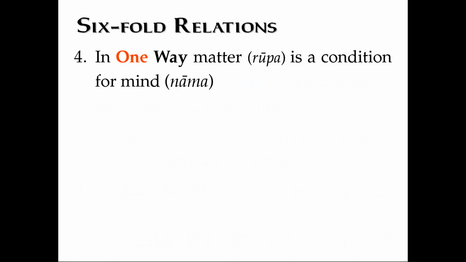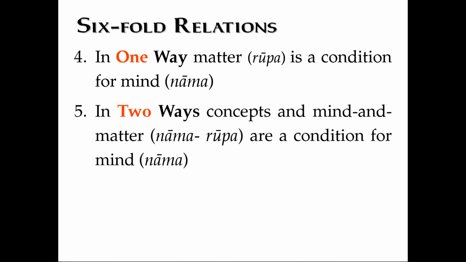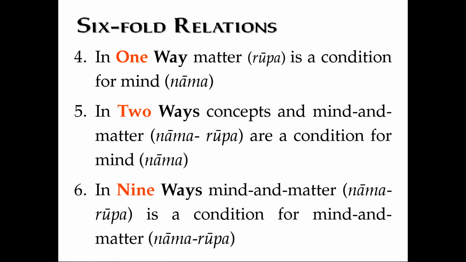And number 4, in 1 way, matter is a condition for mind. That's number 4. Then number 5, in 2 ways, concept, mind and matter are a condition for mind. That's number 5. Number 6, in 9 ways, mind and matter is a condition for mind and matter.